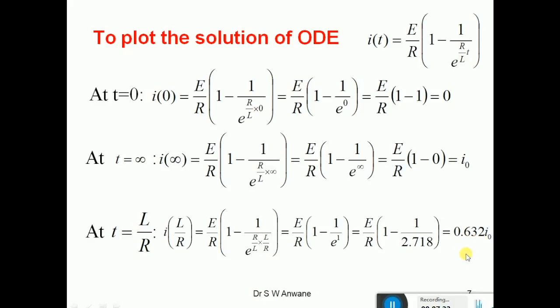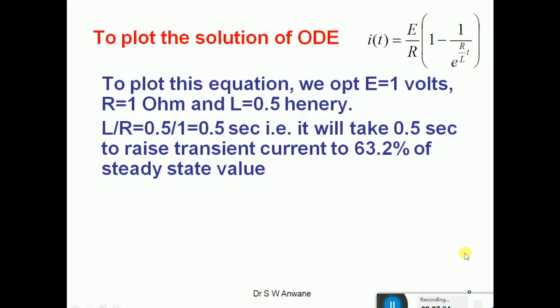Now we are in a position to plot this equation. Before plotting, we shall consider the battery potential to be 1 volt, a simple situation. We shall consider resistance 1 ohm, and obviously E by R is 1 ampere, and we shall prefer a value of inductor 0.5 Henry, and L upon R appears to be 0.5 seconds.